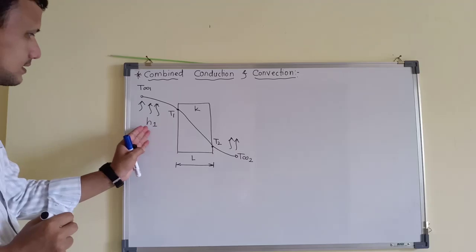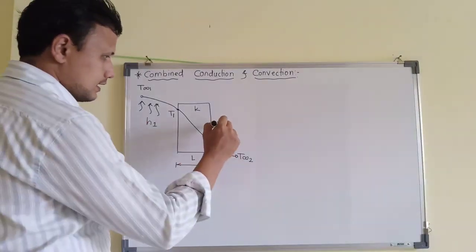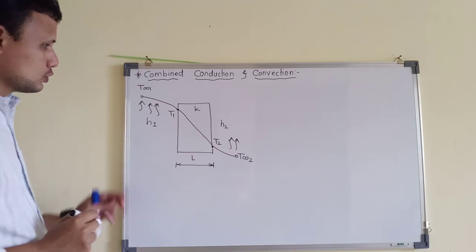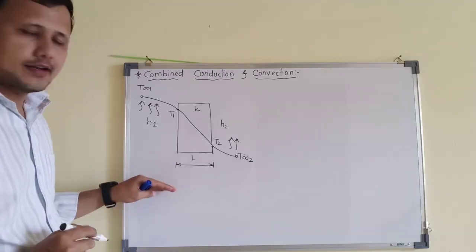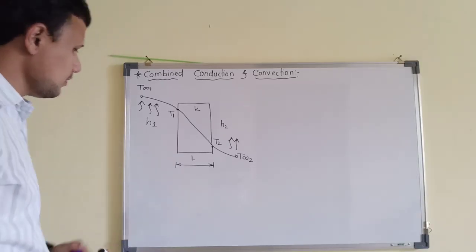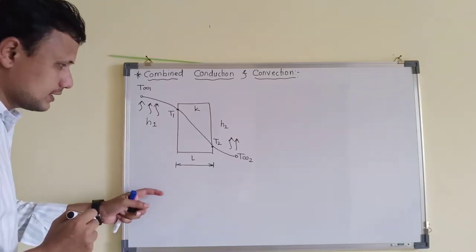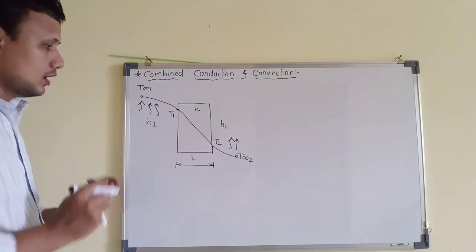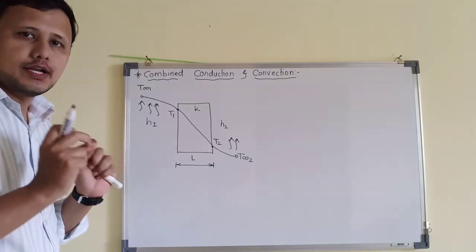On one side, let us say it is H1, on the other side it is H2. So on the basis of this physical arrangement, we can draw one electrical network for this. To construct that electrical network, we will need the node points, the junction points, which will indicate the potential for heat transfer.